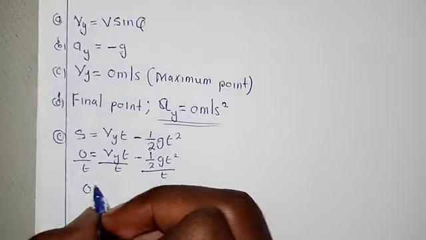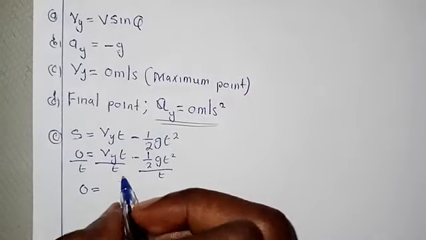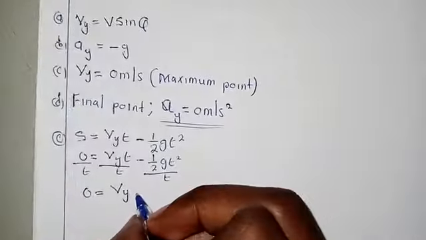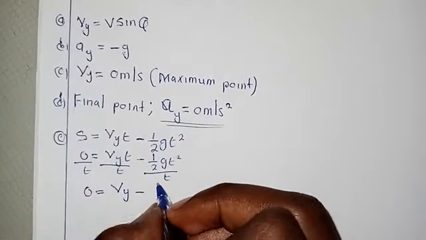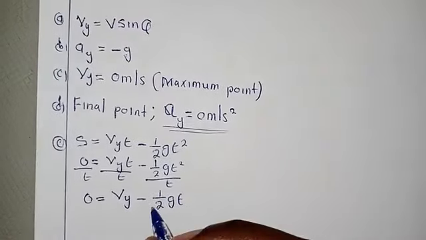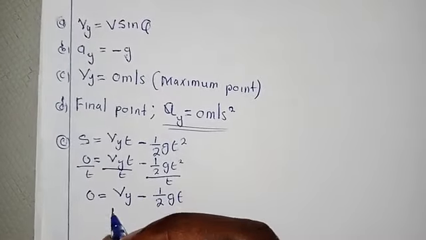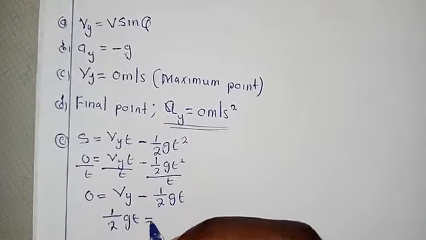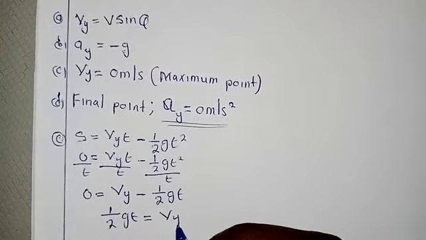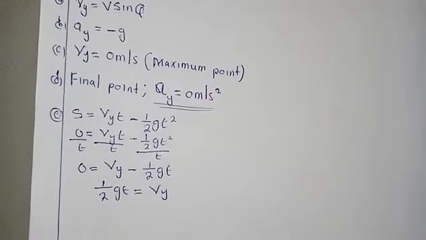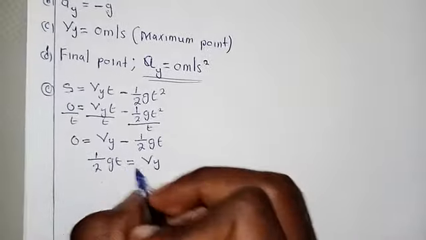we'll get a 0 here, equal to, this is going to be Vy minus, this is going to be 1/2 gt. We can take this side, so it's going to be 1/2 gt equal to Vy. Then from here, we can cross multiply.